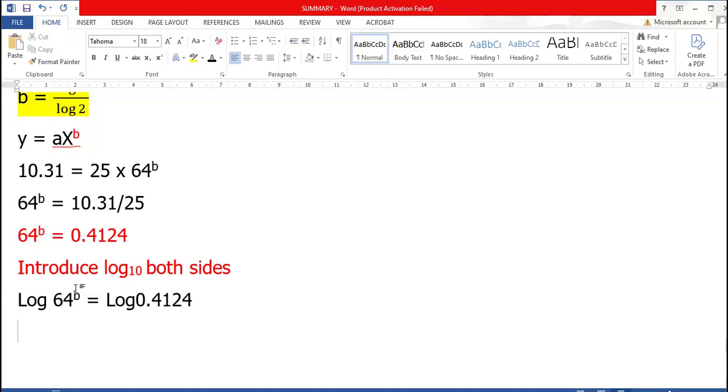Now, do you see this B? You will say simply here, your B, avoid wasting time. Your B will be simply log 0.4124 divided by log 64. On your calculator, what do you get?